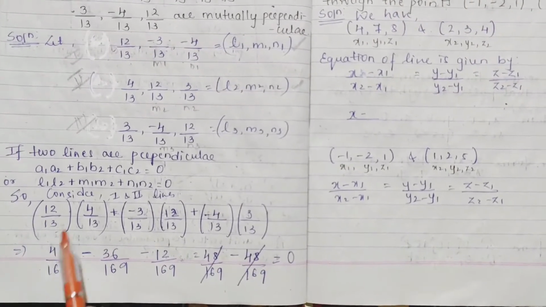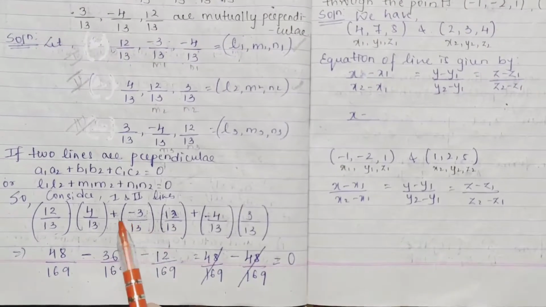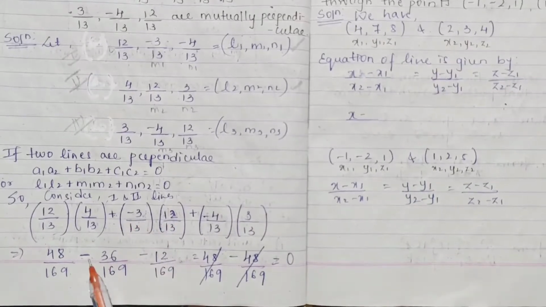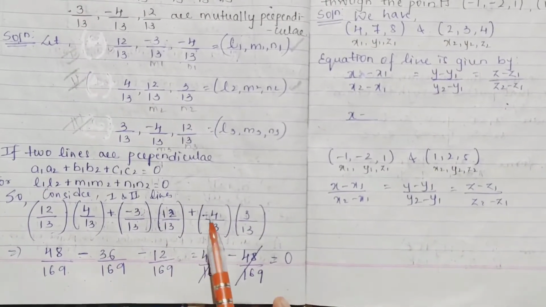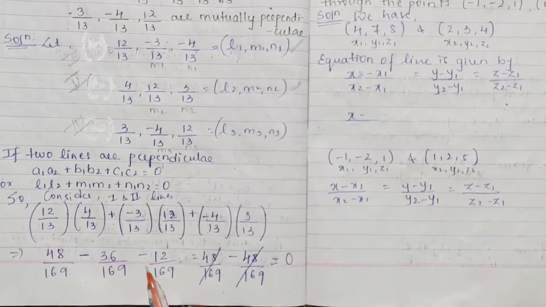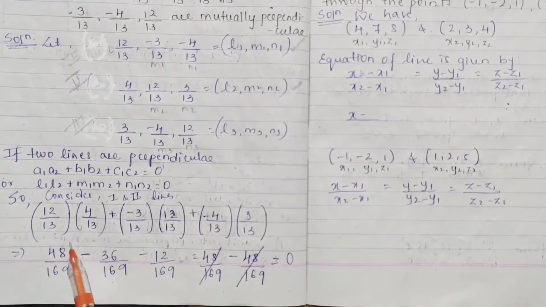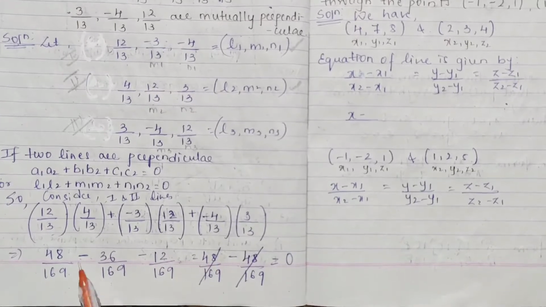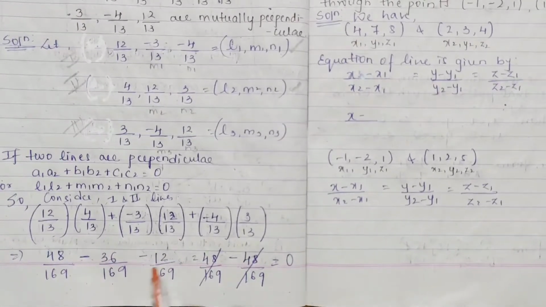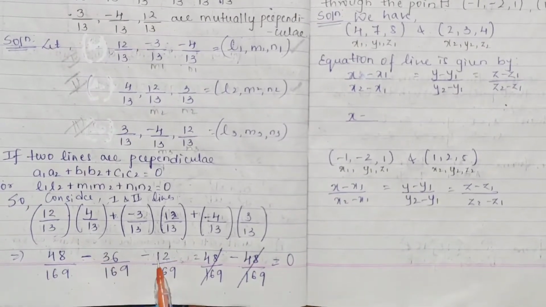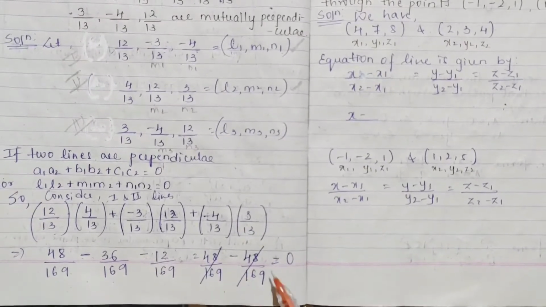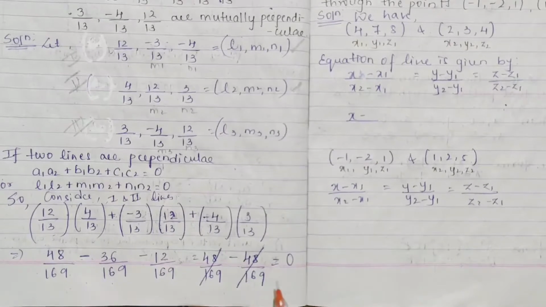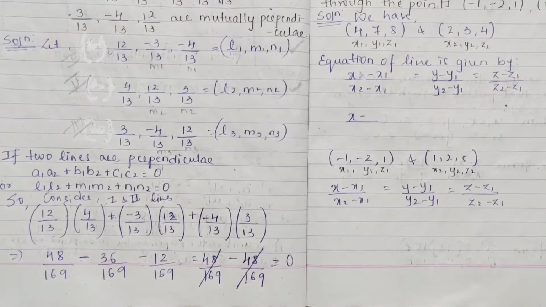So what you will get: 48 by 169, minus, here it is multiplication, so plus into minus, minus 12 3s are 36 by 169. Here also it is multiplication, so plus into minus, minus 12 by 169. So 48 by 169 minus 36 minus 12 you will get minus 48 by 169, plus 48 by 169 minus 48 by 169 gets cancelled, which means you are getting the right hand side as 0.